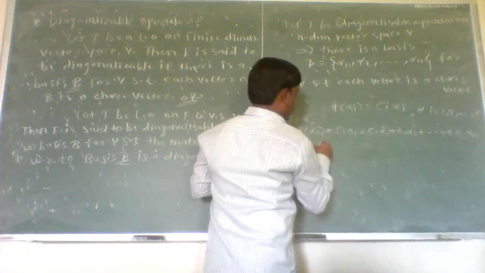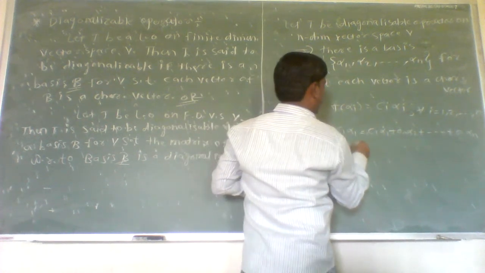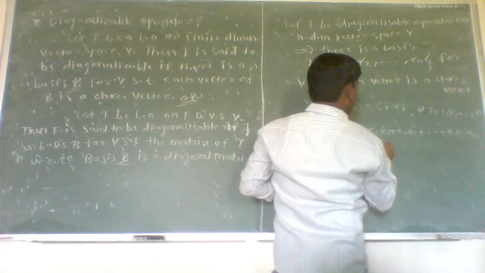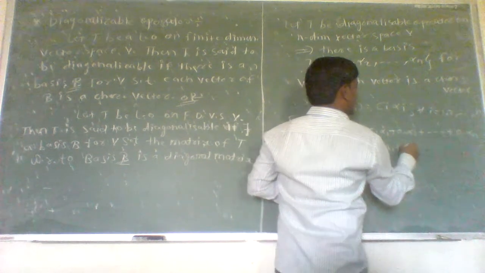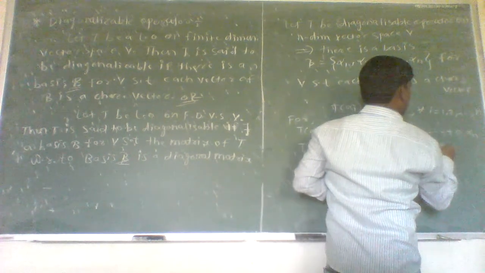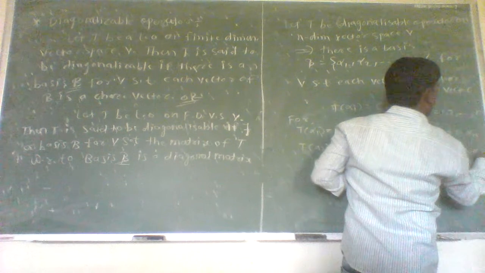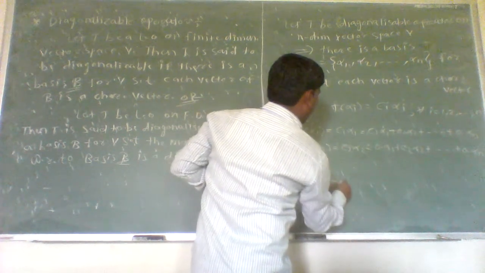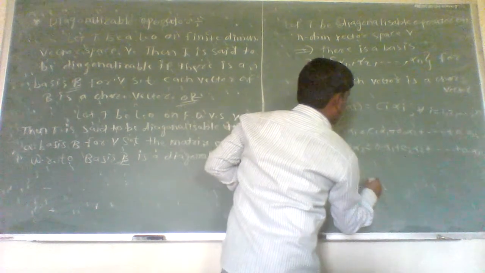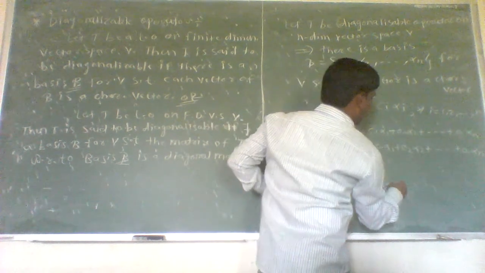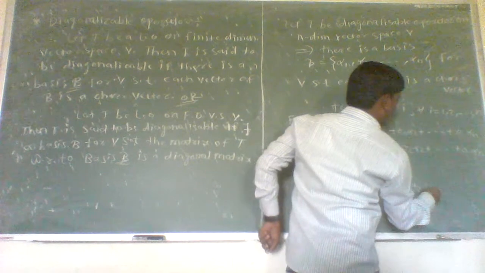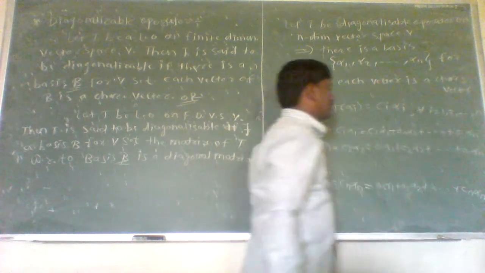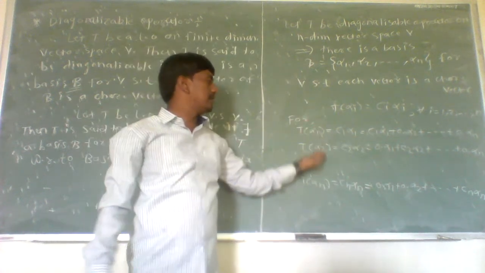T of alpha 2 is equal to C2 alpha 2, which is 0 into alpha 1 plus C2 into alpha 2 plus up to 0 into alpha n, and so on. T of alpha n is equal to Cn alpha n, which is 0 into alpha 1 plus 0 into alpha 2 plus up to Cn into alpha n. So these are the images of these n basis elements.